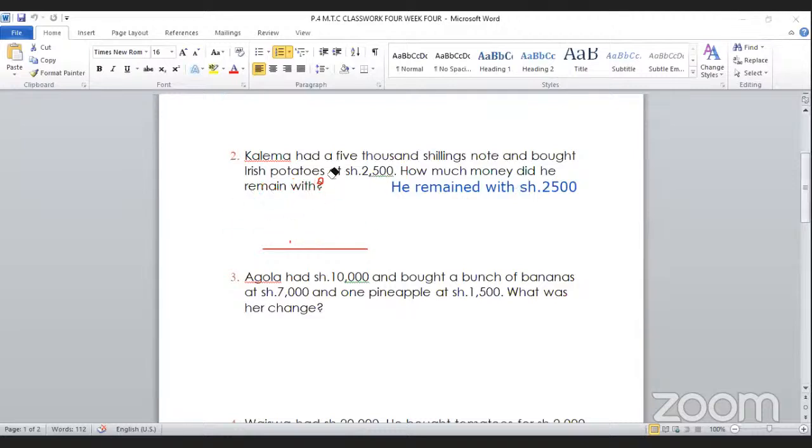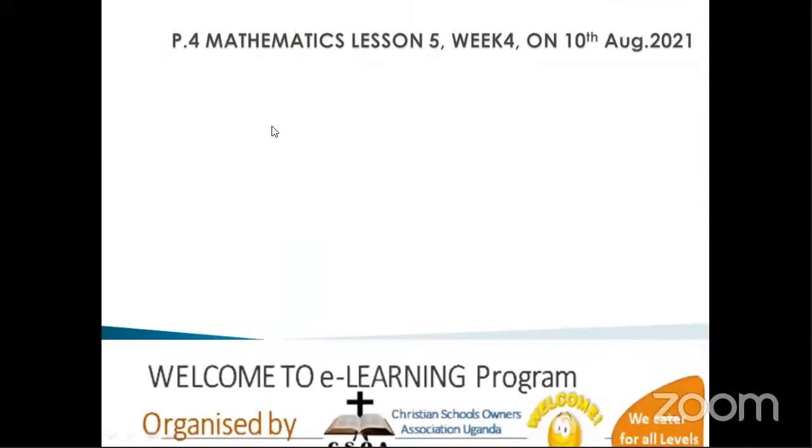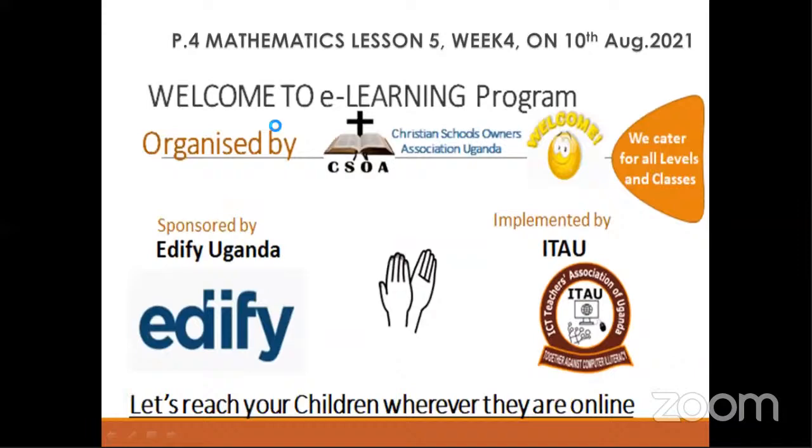So I think now this gives us a go-ahead. We can now go ahead and look at what we are going to learn today. So today we are going to look at buying and selling involving multiplication. That is what we are going to look at today.